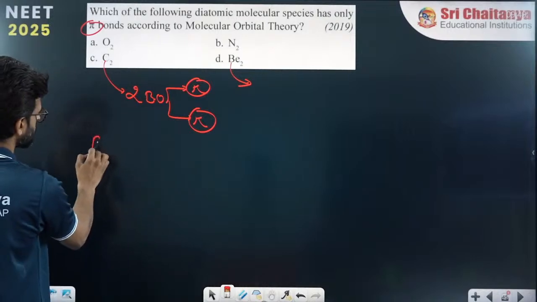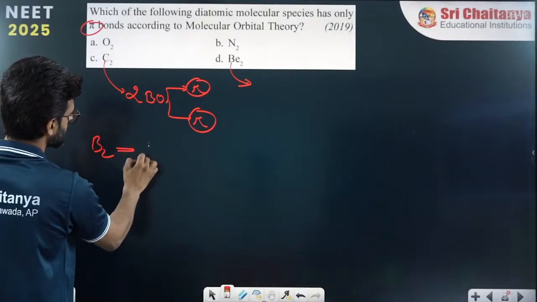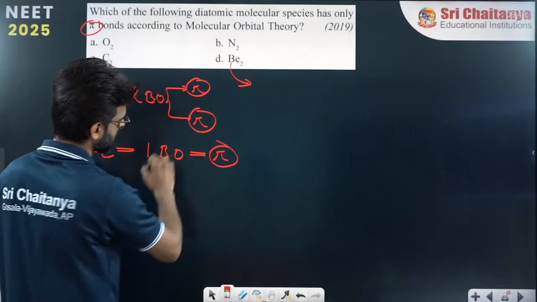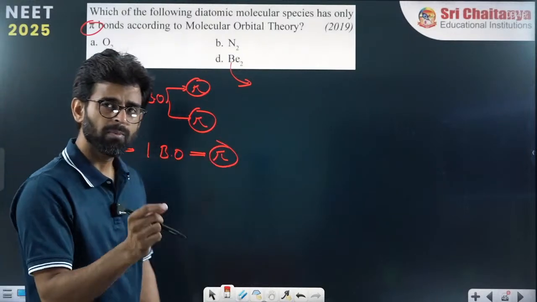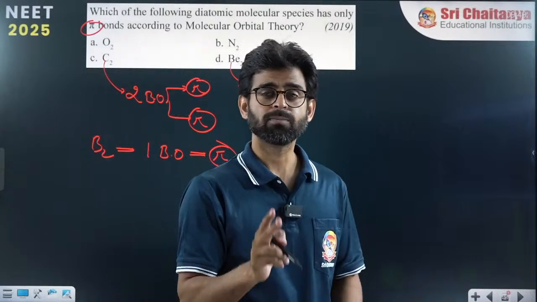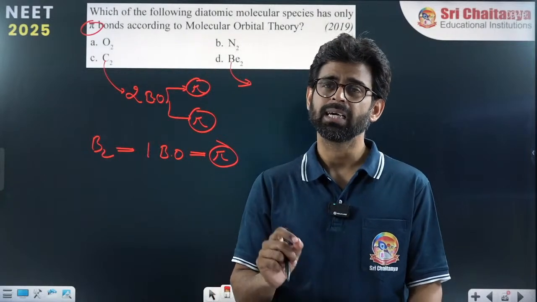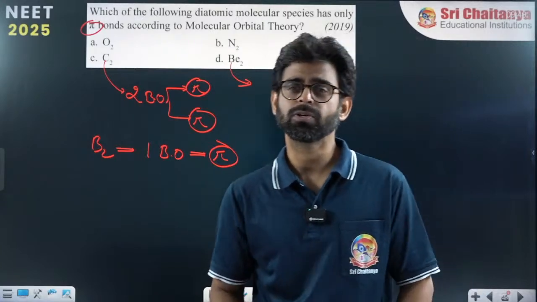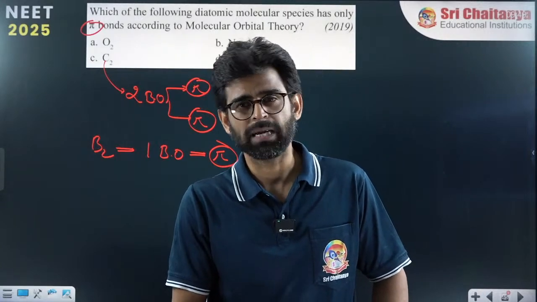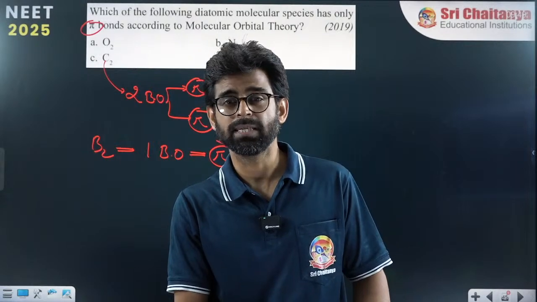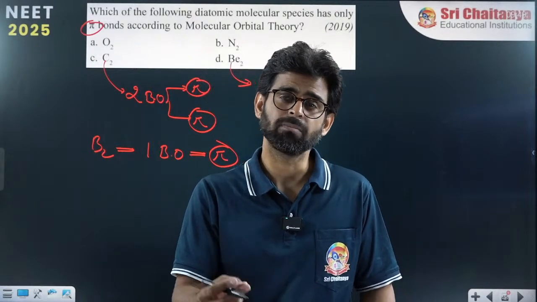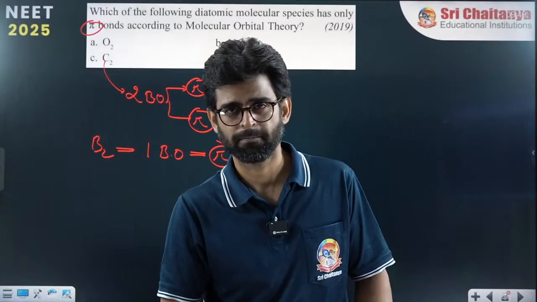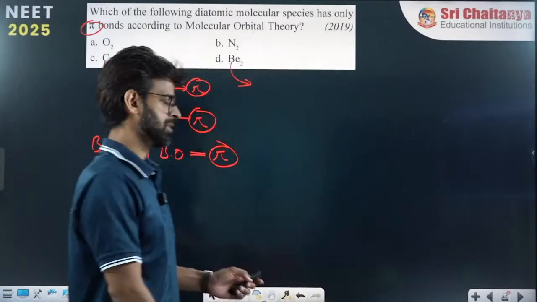Similarly, if you go for B2, B2 also has only one bond order, and that is a pi bond, right? C2 has a bond order of 2. There are 2 bonds and both are pi bonds. Remember it especially. B2 has a bond order of 1, and it is a pi bond, depending on the MOT diagram, because in this bond formation only pi orbitals are involved. That's why it is pi bonds.